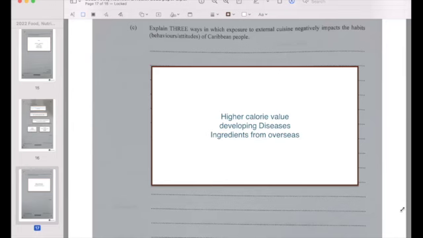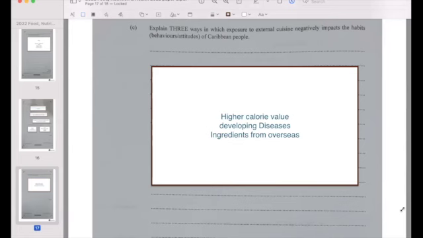Then if we are going to get food from overseas, it's mostly processed food, because you have to process the food because over time, food will get spoiled. So if you're moving from one country to another, some form of preservative must take place. So you have high calorie value.